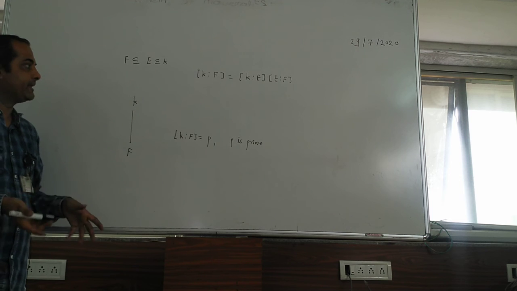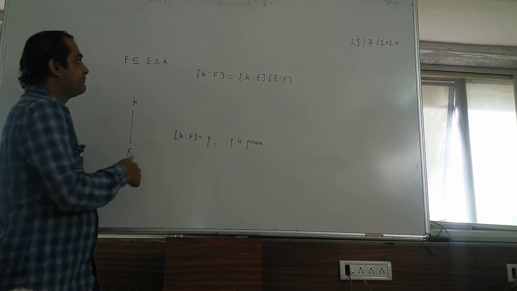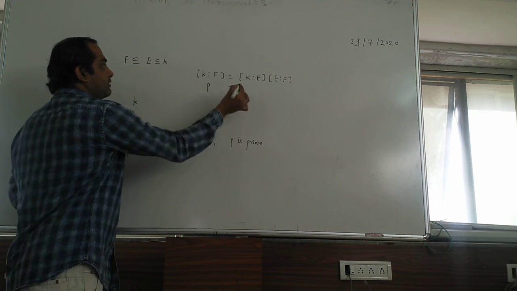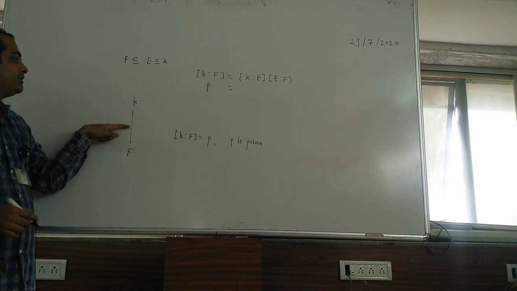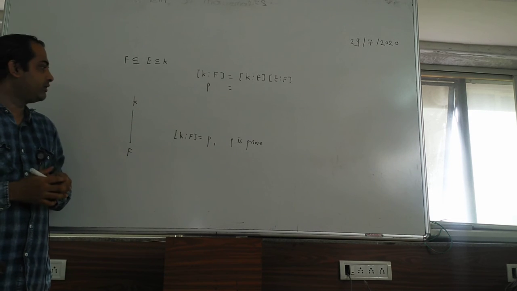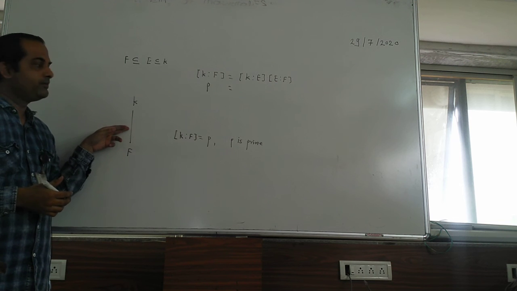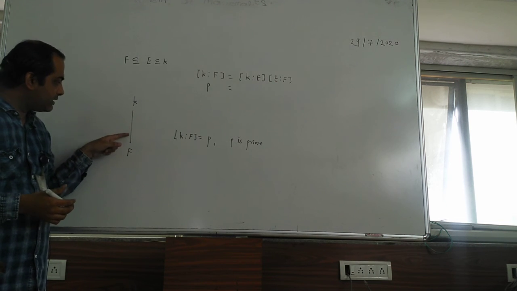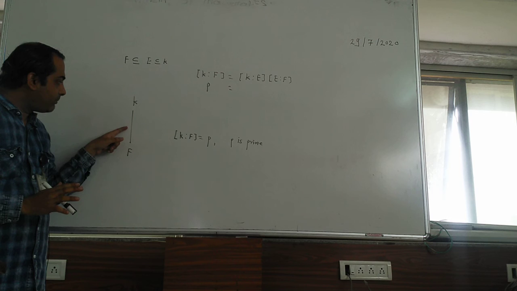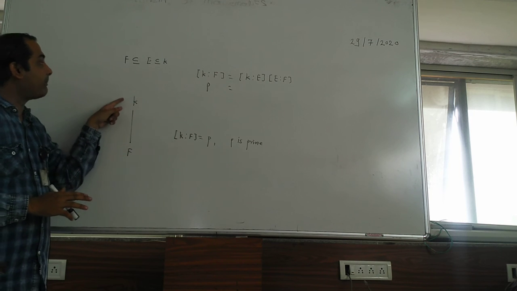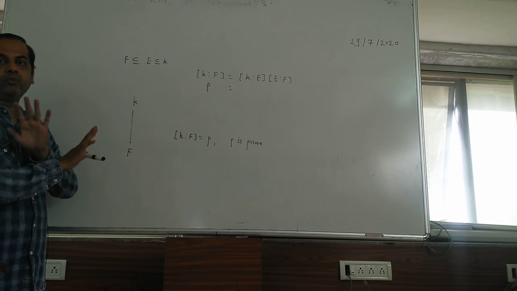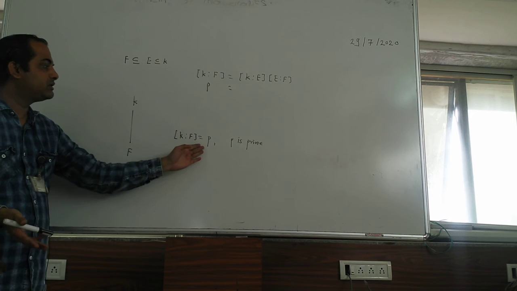That is the question. If this is a prime number P, can you have any in-between field, which is an extension of F, properly contains F, and is properly contained in K? No, because it is a prime number.